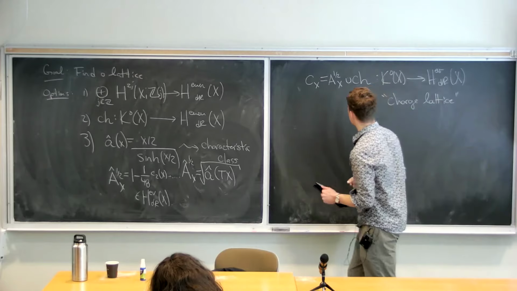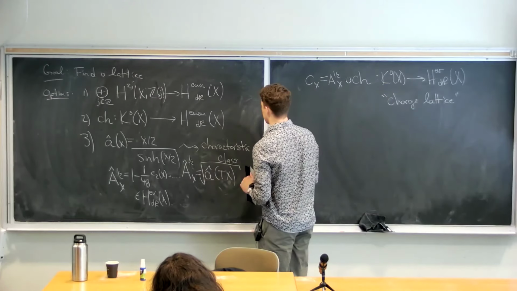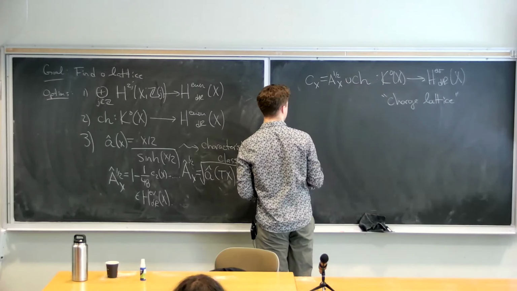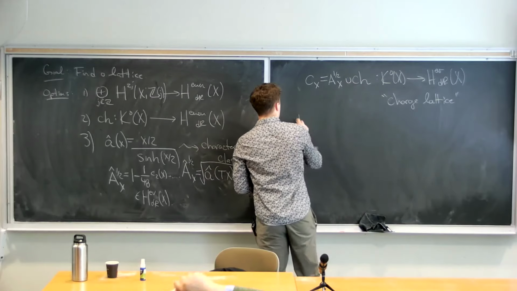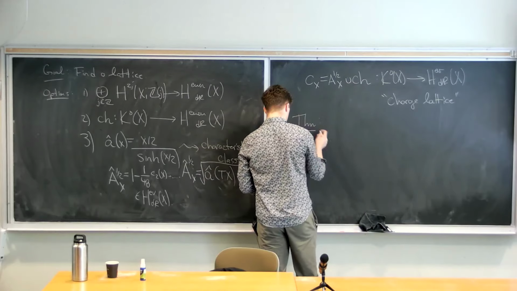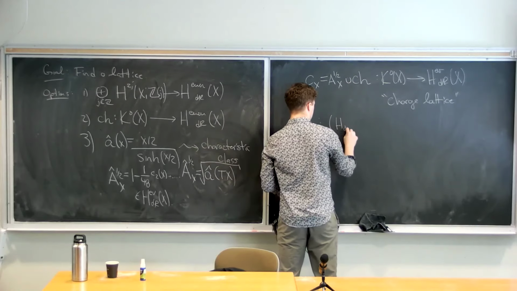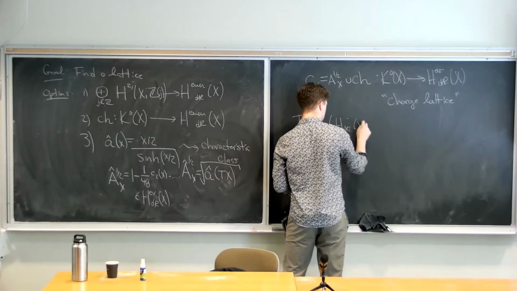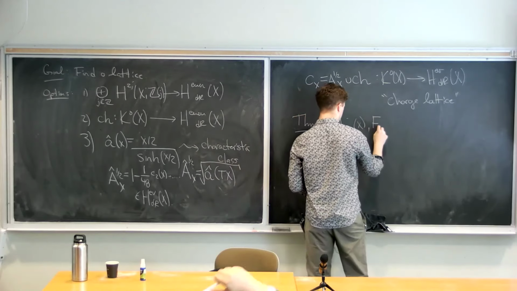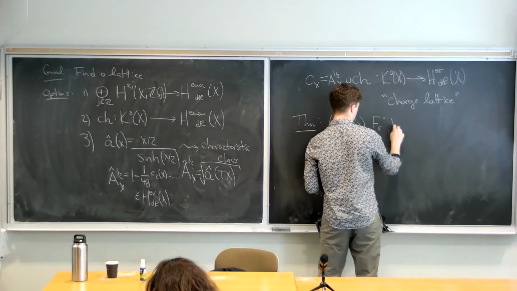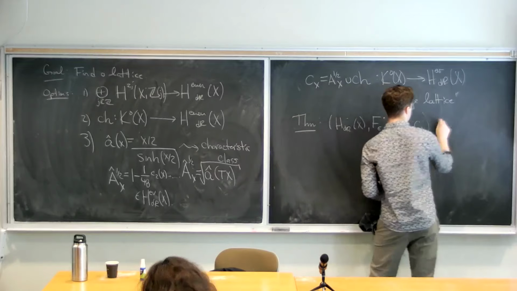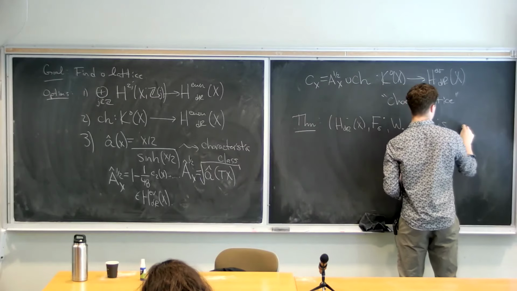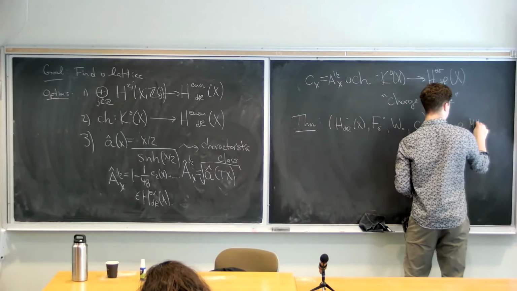Okay, so we have this strange lattice sitting inside of the cohomology, and the theorem is then that if I take this with the weight filtration, the Hodge filtration, and this charge lattice, this is a mixed Hodge structure.